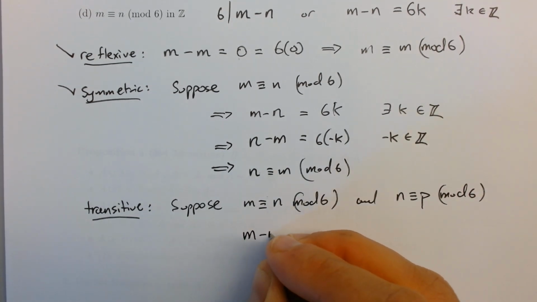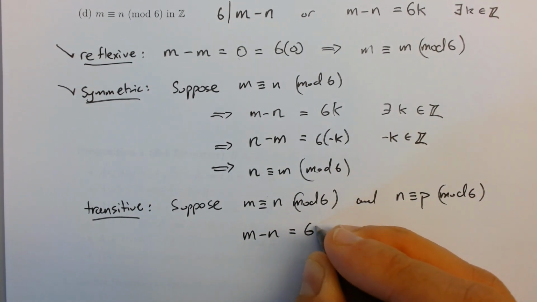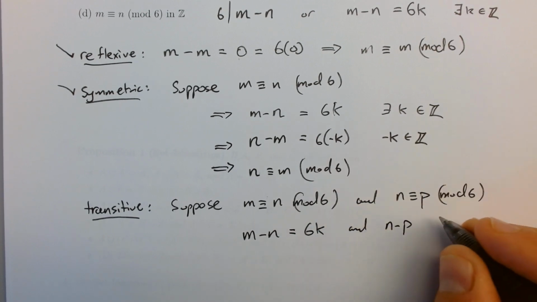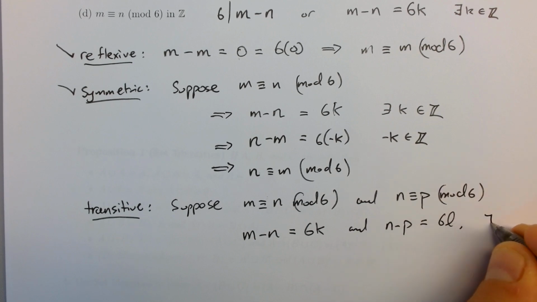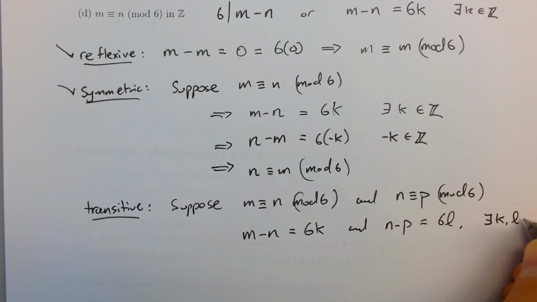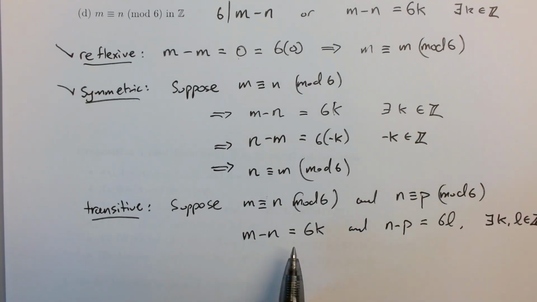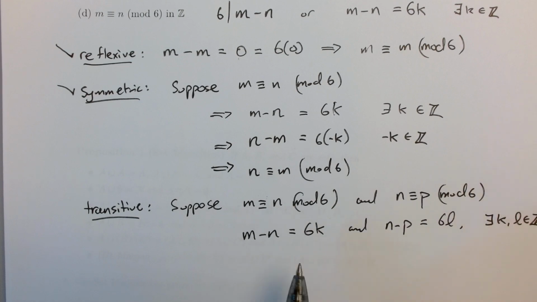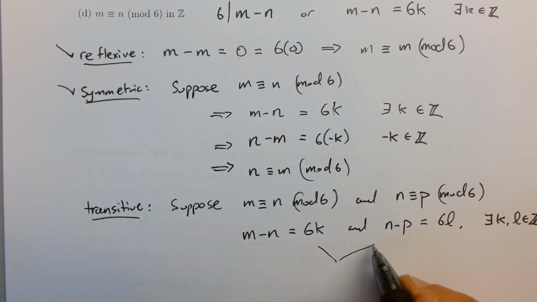This means m minus n is 6k and n minus p is 6l, for some k and l in the integers. Now what's nice here is I can add these two equations together and get exactly what I want, because I want m to be congruent to p, so I want m minus p somehow. And I'll get that exactly if I just add these two equations together.